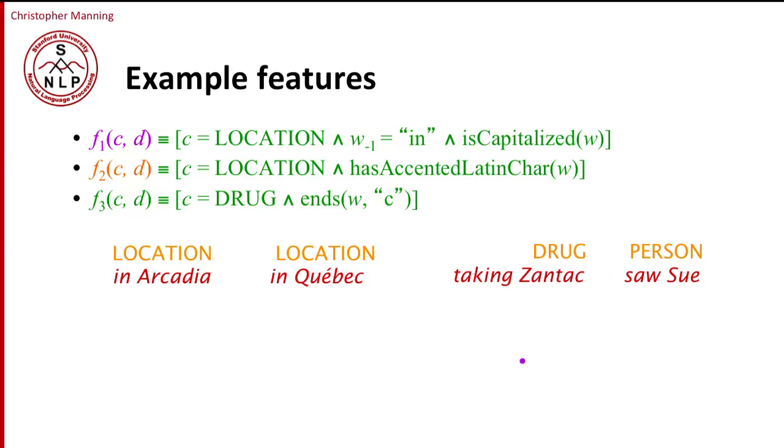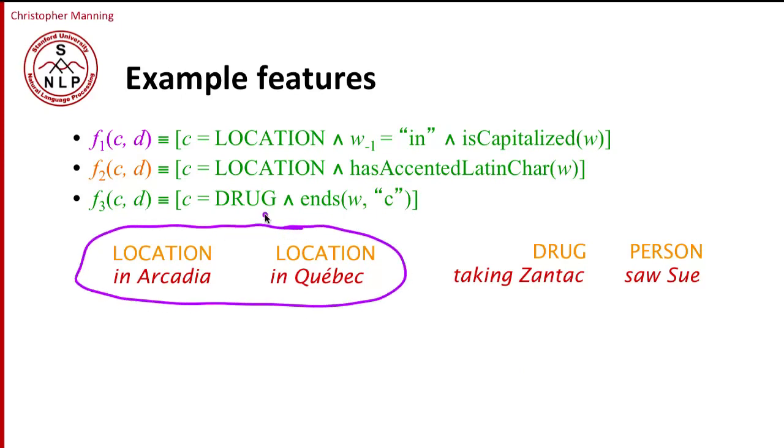So the feature picks out examples where the class is location, so that's the two pieces of data on the left, and the previous word is "in", and the word is capitalized. All three of those criteria are true of these two pieces of data, but aren't true of the two pieces of data on the right, for multiple reasons, both because the class is wrong and the preceding word is also wrong.